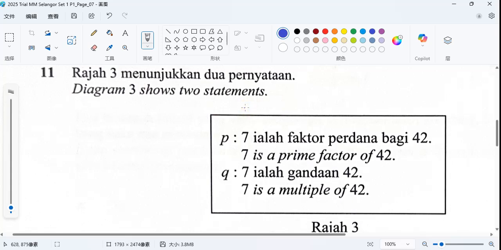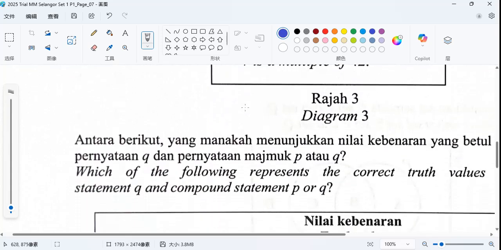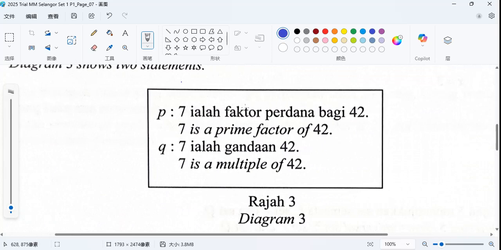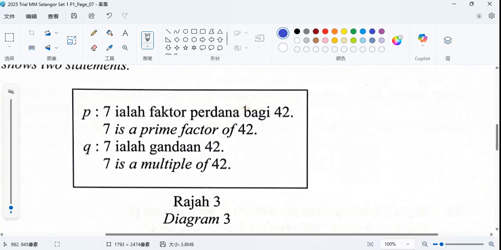Diagram 3 shows two statements. Which of the following represents the correct truth value of statements P and Q and the compound statement P or Q? So 7 is a prime factor of 42. This is true. 7 is a multiple of 42.